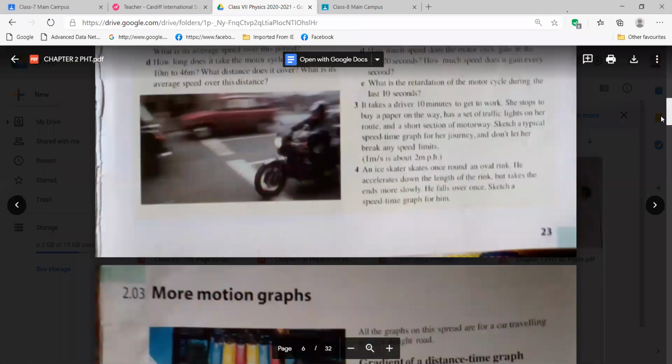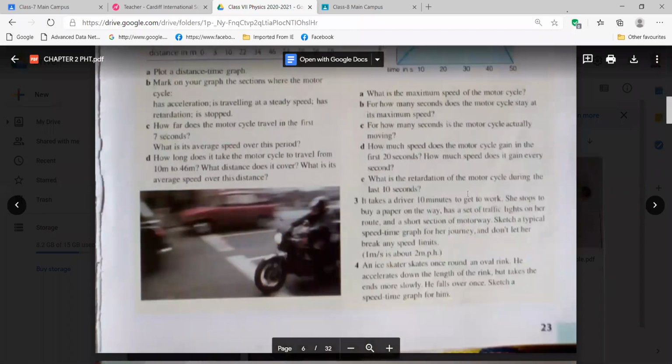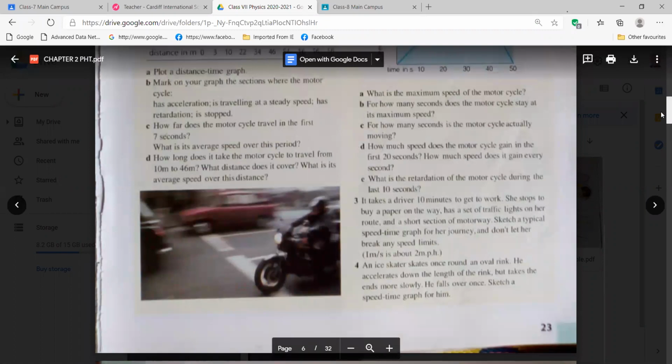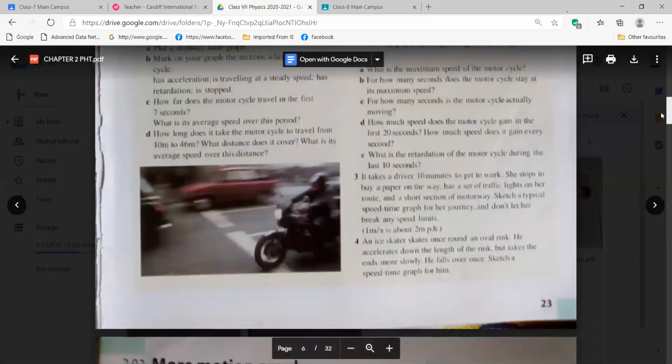We are done with these two, right? Question 1 and 2 both are done. Now we have only question 3 and 4 left. We already told it in the group, also in the Google Classroom.